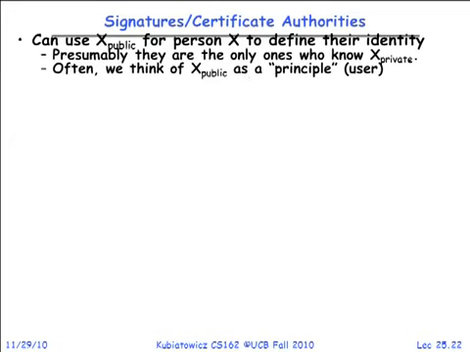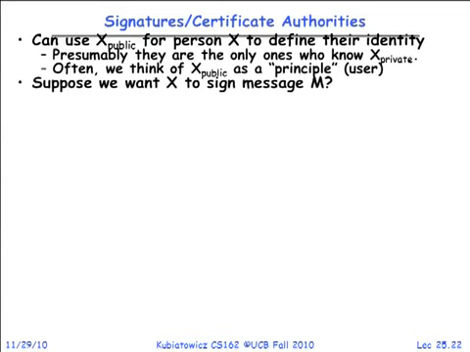It's an entity. Suppose we want X, the entity, to sign message M, but we want M to still be readable by everybody. A great example of this is a public document: you've got a contract, you sign it at the bottom. The document's readable by everybody, and if the signature matches your signature, it's thought to be authentic.